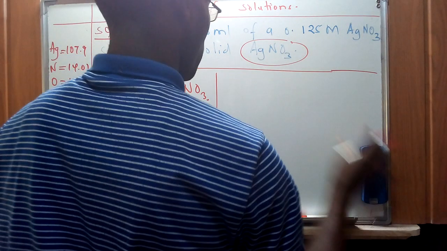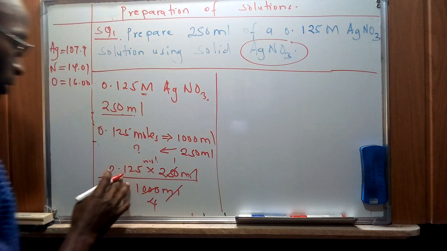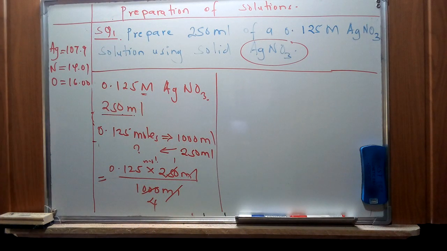So let's just do an evaluation for that. Just a minute, let me take my calculator. So this is 0.125 moles, just doing a confirmation for that. That is 0.125 divided by 4.